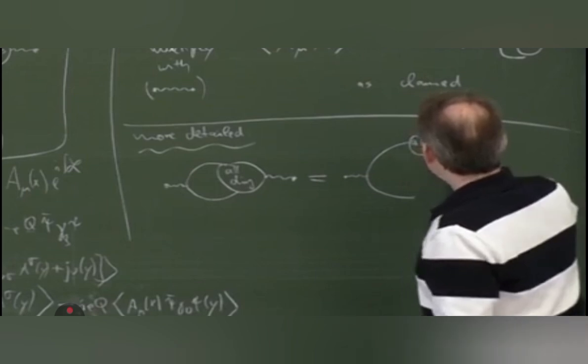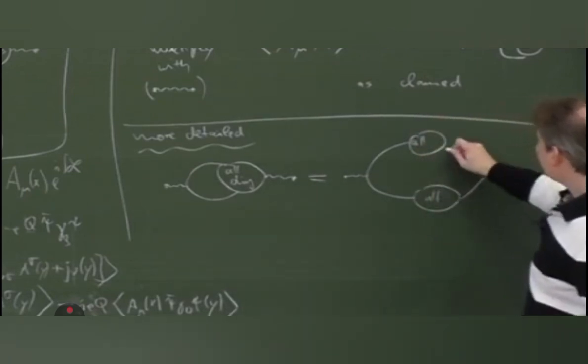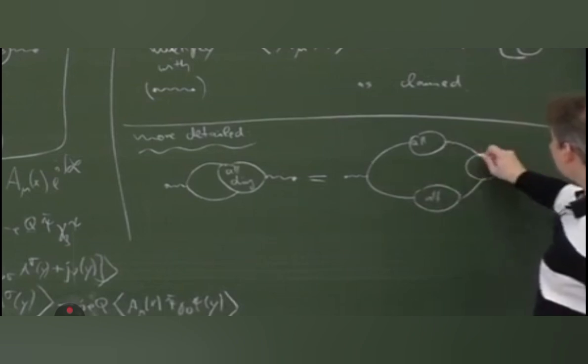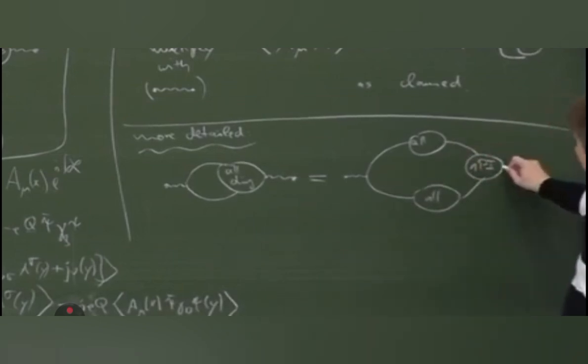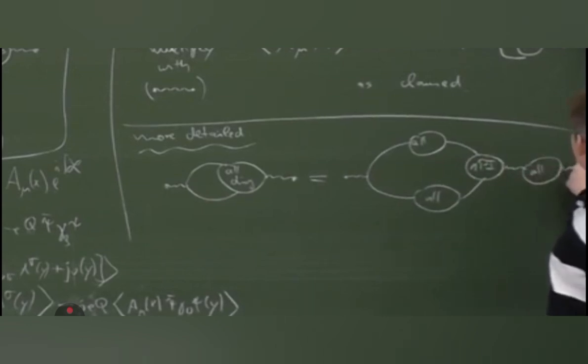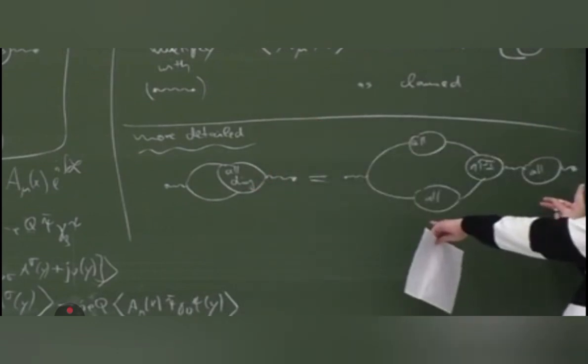All diagrams in the electron self-energy, all diagrams in the other electron self-energy, and then here all one particle irreducible building blocks, and then again all diagrams in the photon self-energy. So you can split up this building block that we have encountered into this more detailed version.